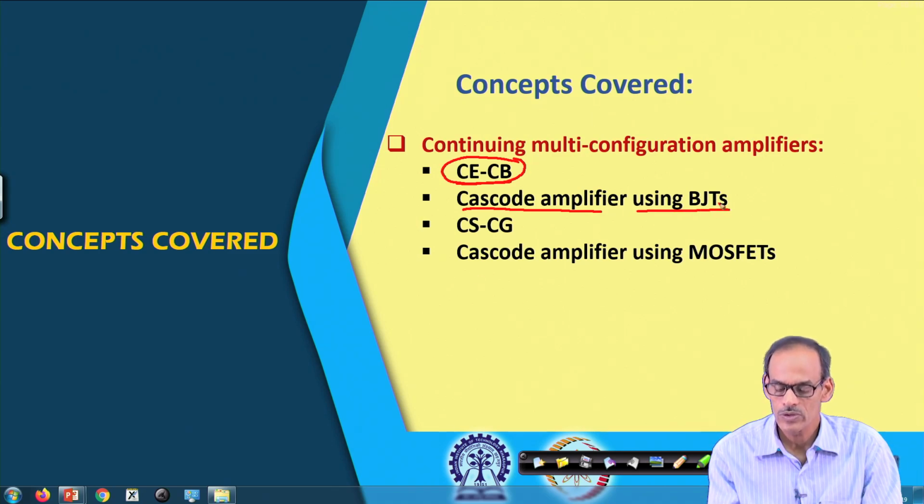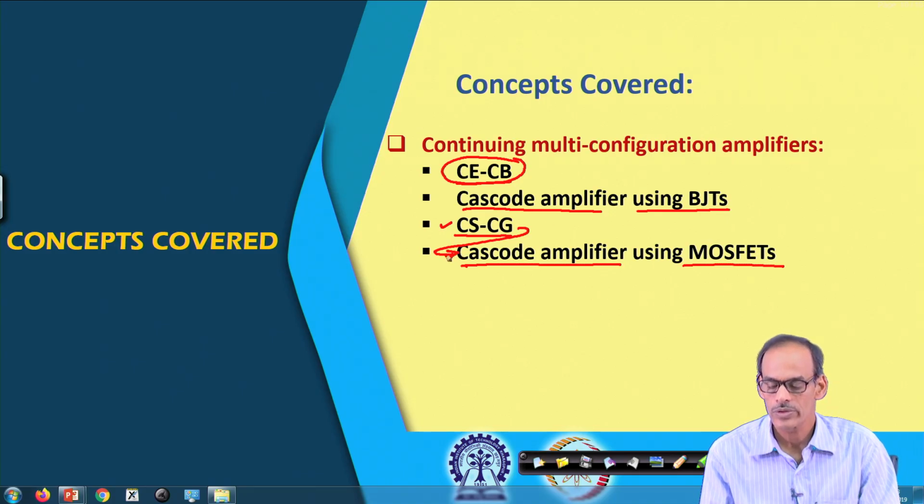Likewise, we have a cascode amplifier using MOSFET, but prior to that, since it comes from common source followed by common gate, we shall start with that configuration, and then simplify to conclude with the cascode amplifier using MOSFET.